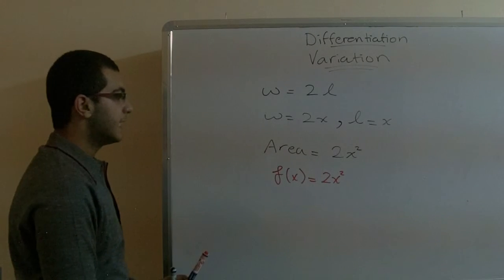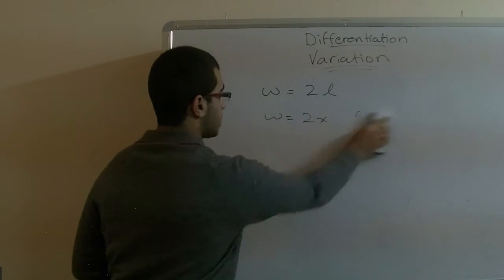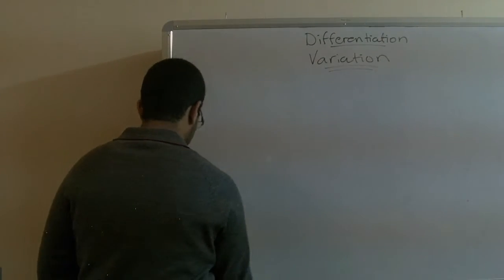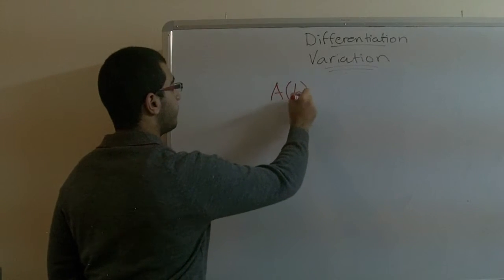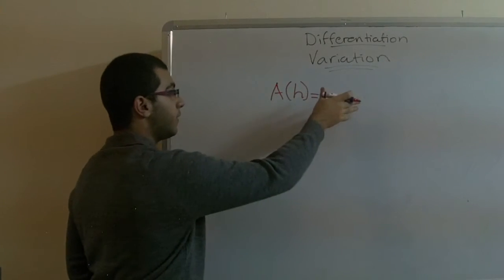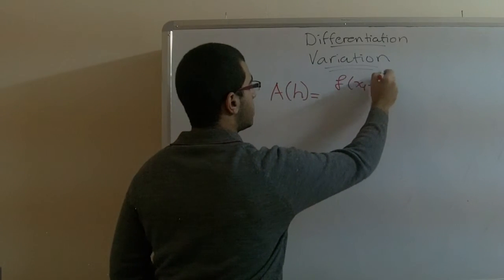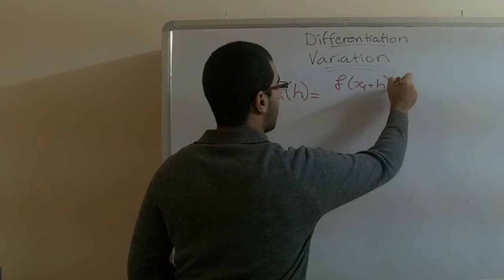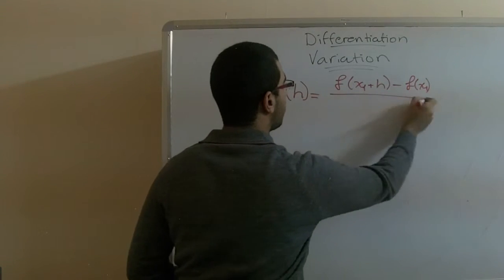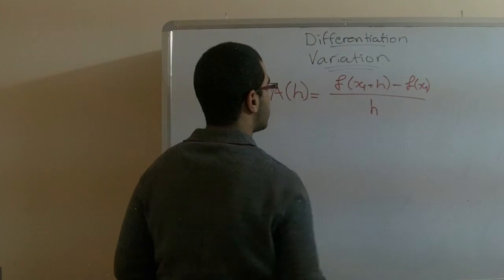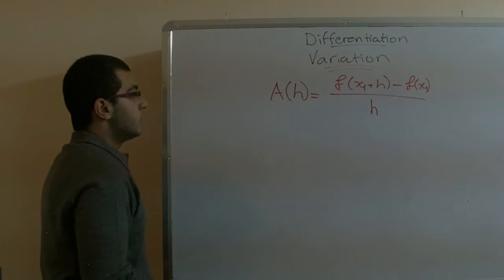The second point is to get the average rate of change. We said that the average rate of change equals the variation function f(x + h) − f(x) over h.